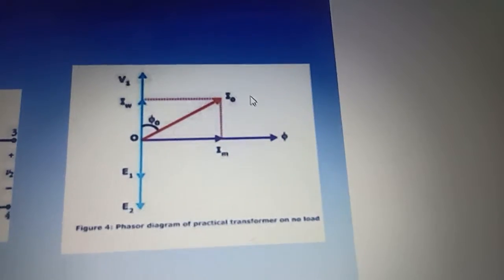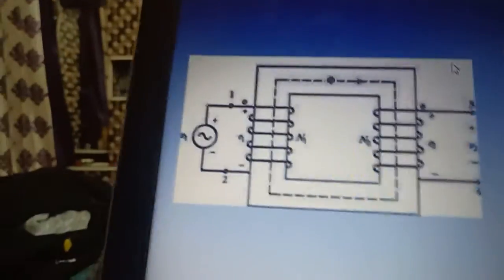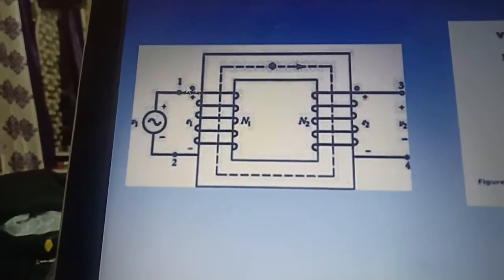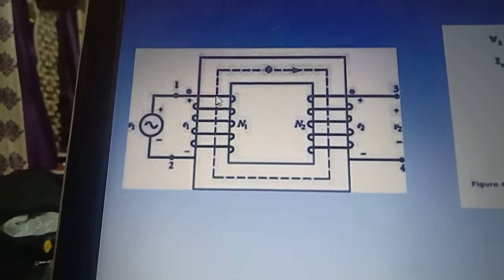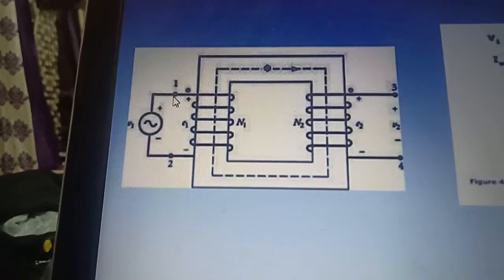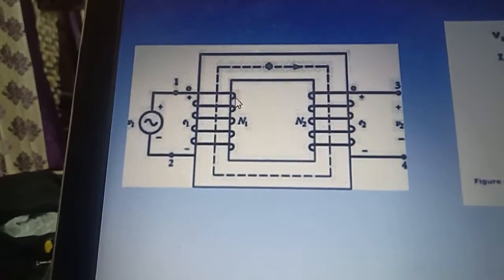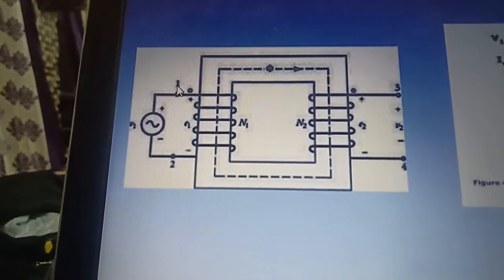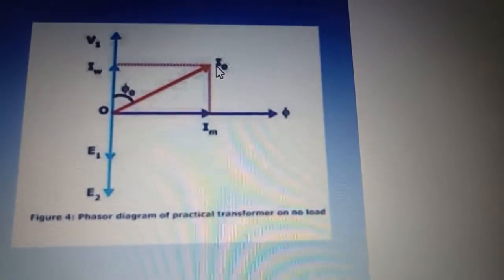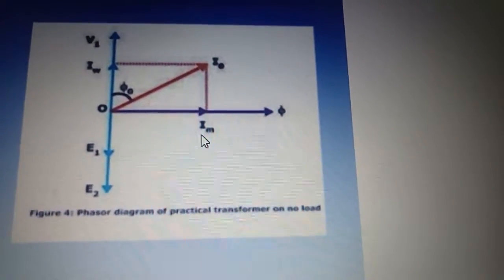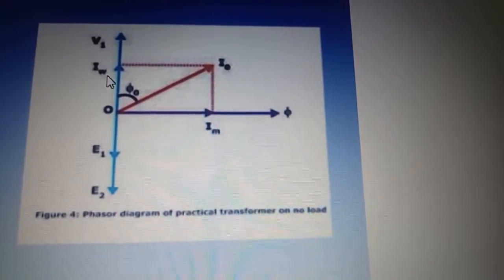So what does this I0 do? I0 does two jobs. Current is flowing through the winding. This current produces magnetic flux, number one, and this current heats up the coil. These are the two jobs done by this current. I0 has two parts. One is Im, the magnetizing component, another one is IW, the working component.